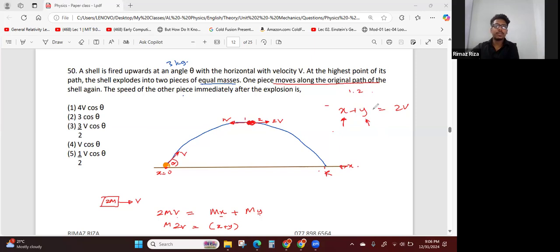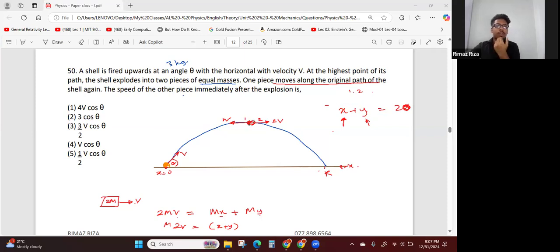Now, for example, let's say I take v as some value like 10. So 2v will be 20. Then how can we get 20? 5 plus 15, 4 plus 13, so infinitely many solutions are there. And you can also come up with negative answers.